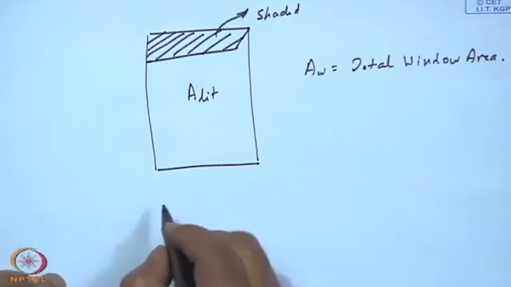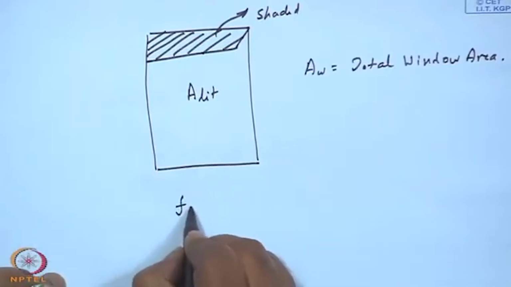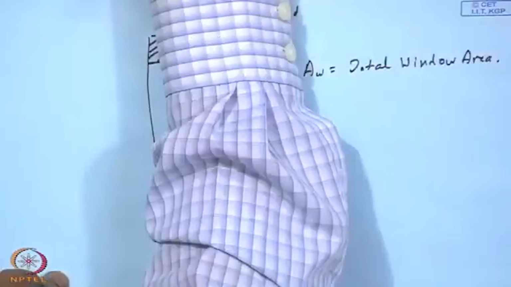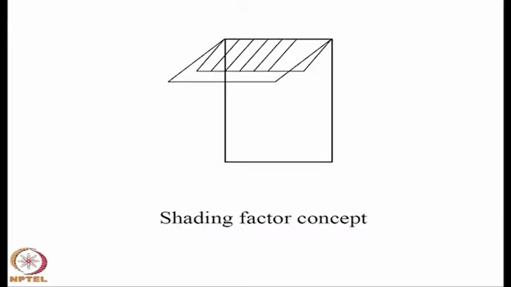So, we might define Fi, the instantaneous shading factor. This is what I tried to show in the figure: the hatched portion represents the shadow and the non-hatched one is the actual projection.